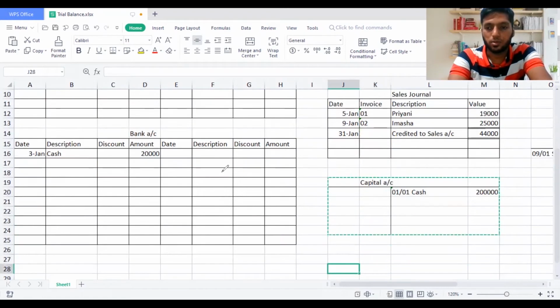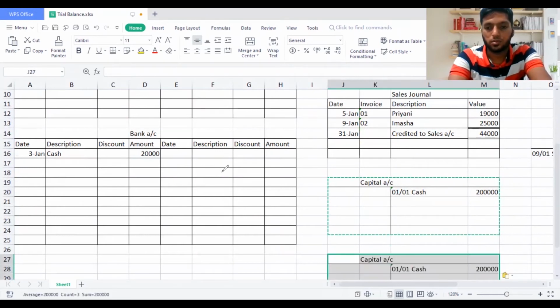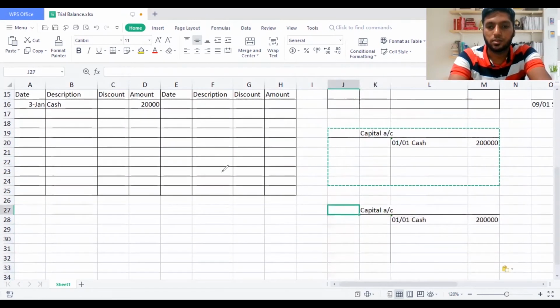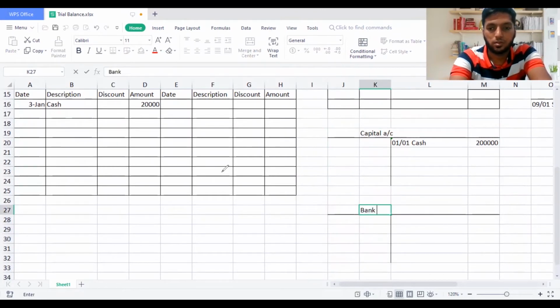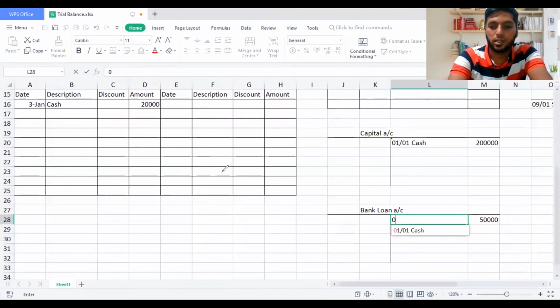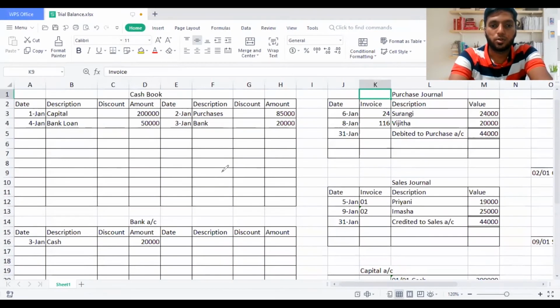Bank loan account is credit 50,000 because it's a non-current liability. Here you will write the date 4th first, saying cash. So then we move on to the next transaction.